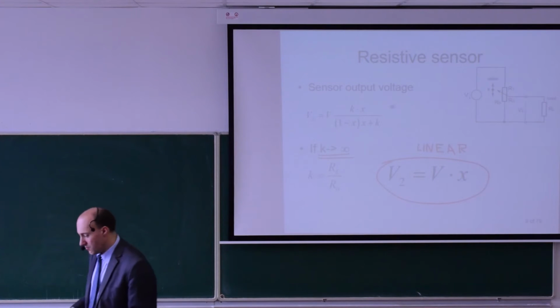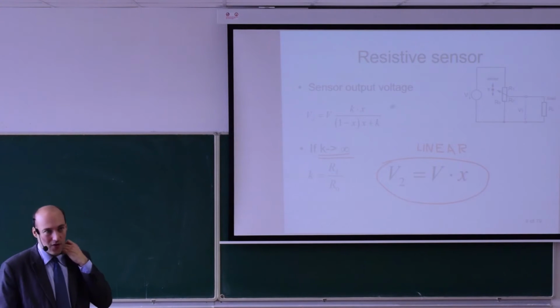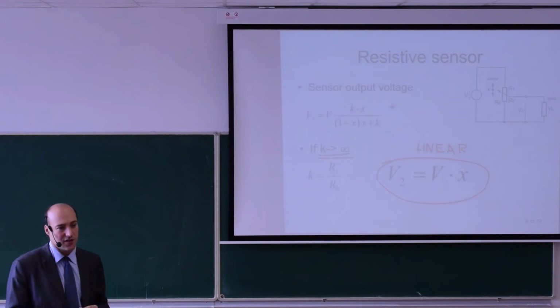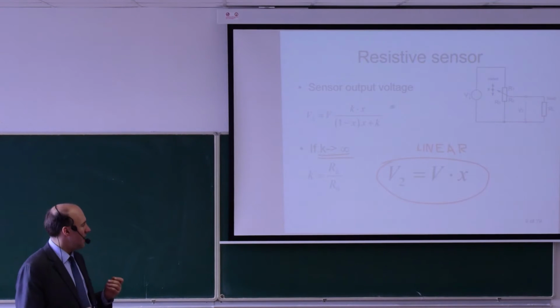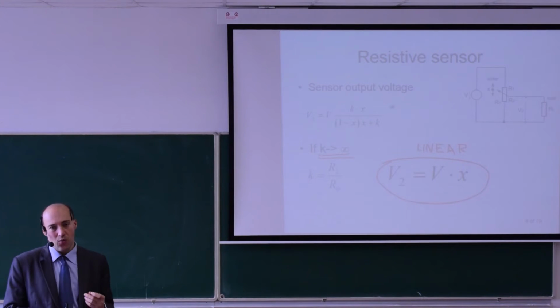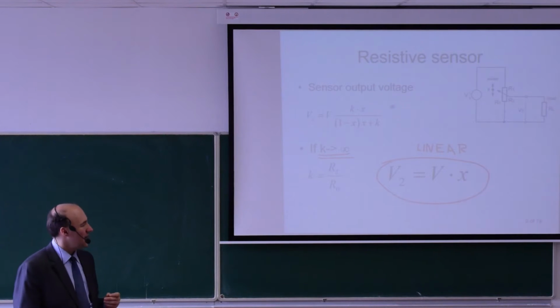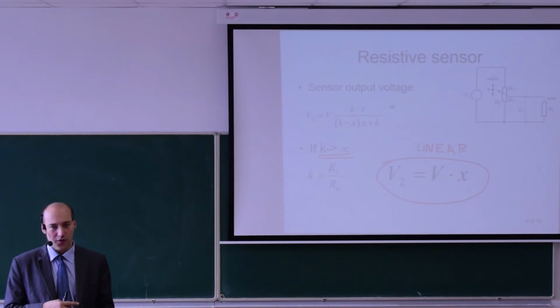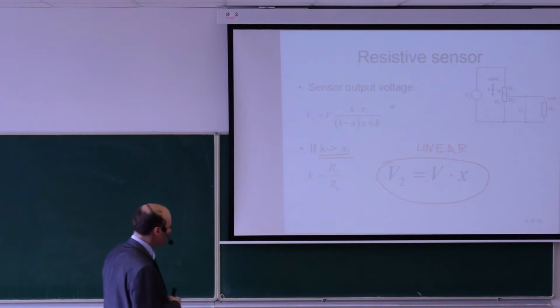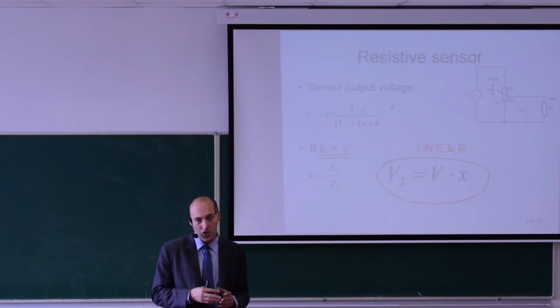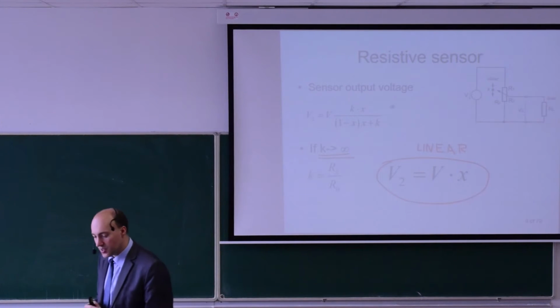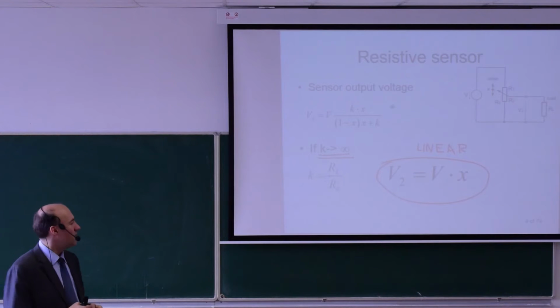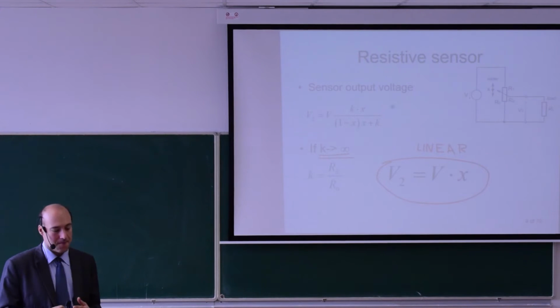So the result is that for this experiment, for this kind of sensor, we need a voltmeter with a relatively high input resistance. So if you use an analog voltmeter, on some ranges it may not be suitable to use it. If you use a digital voltmeter, then it will be much better.